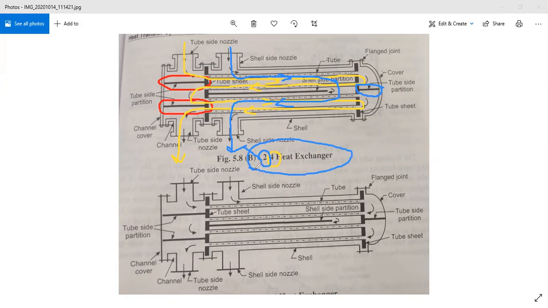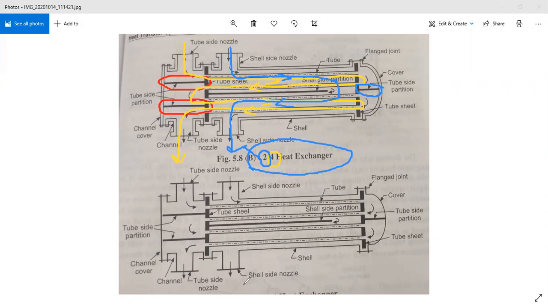The other parts and their function, construction and working we know very well. So the main point is the number of pass partitions incorporated in the channels, and due to that the number of passes is changed in shell and tube heat exchangers. So this is one diagram where you can observe the 2-4 shell and tube heat exchanger assembly. The arrangement may be in this way also.